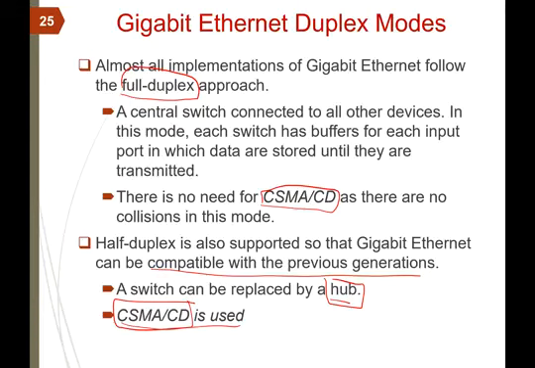But of course, auto negotiation would come into play, and only the data rates matter. For example, if this one is 1 gig and this is 10 meg, they will auto negotiate the speed, and they will use the 10 meg, not the 1 gig, because this one cannot process data at 1 gigabit per second. But this one can process data at lower rates.